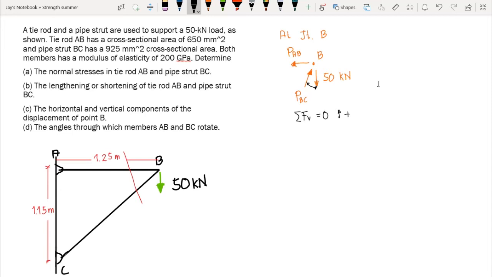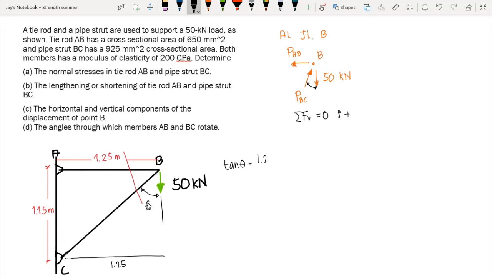Now take note, let's go back to the figure here. So we compute this angle. Let's say this is theta. Okay, now we can use tangent, which is tangent theta is equal to the opposite. Now the opposite of angle theta, this line here, is 1.25, correct?